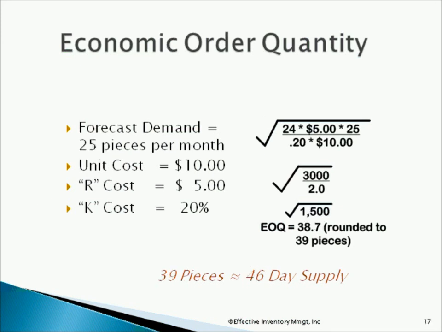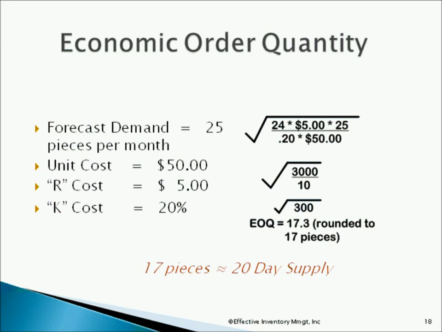Now, what was the difference between that first and that second item? Well, you might say the unit cost. The first item was $10. The second item was $50. But you're going to see in this third example that the economic order quantity, that quantity that's going to produce the biggest profit, doesn't vary by the unit cost, the cost per piece of the item.